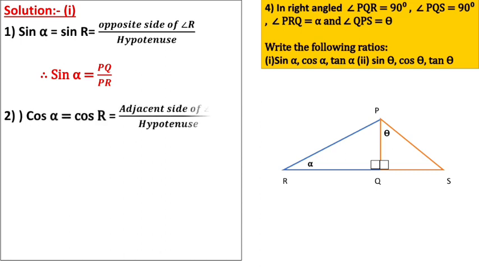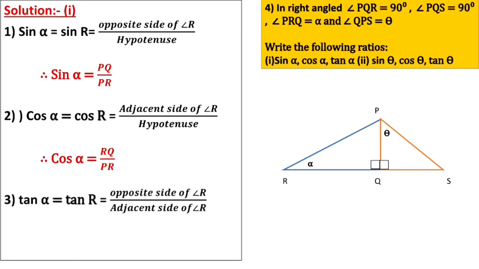Now the second one, it is given cos alpha. Cos alpha means cos R equals to, the cos formula is what? Adjacent side of angle R upon hypotenuse. As per R, which is the adjacent side? RQ. Very good. RQ is the adjacent side and PR is the hypotenuse. Now the third one is given tan alpha.